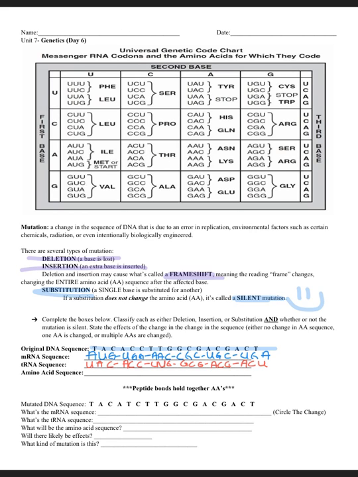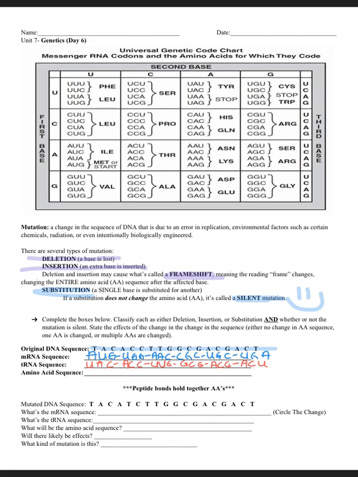For the mRNA sequence, your codons should have read as follows: AUG, UGG, AAC, CGC, UGC, and UGA.